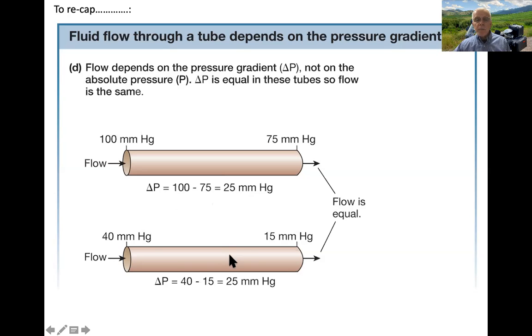Down below is another comparison where the pressure is much reduced, 40 millimeters of mercury at this end and only 15 at the other end. The difference is still 25 though. And as it turns out, the flow is absolutely identical. So in this case, the absolute pressure doesn't matter. The flow rate will be constant.